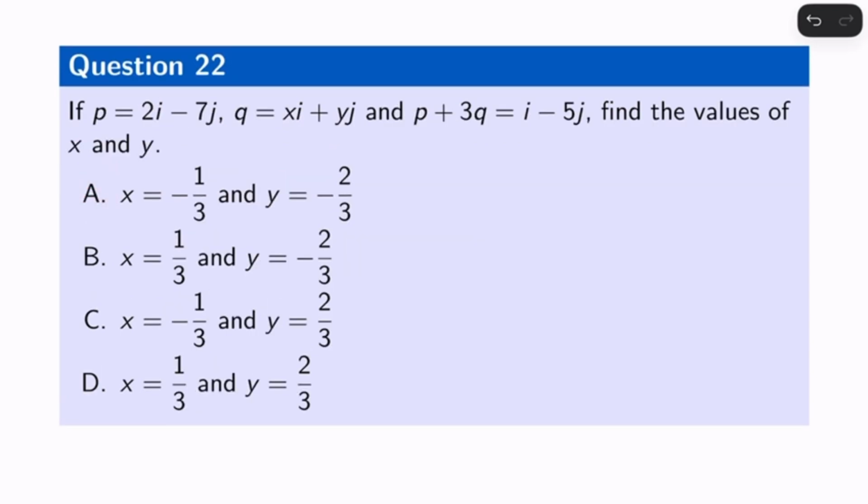Question 22. If P is equal to 2i minus 7j, Q is equal to xi plus yj, and P plus 3Q is equal to i minus 5j, find the values of x and y. Solution. Here we have P to be equal to 2i minus 7j and Q to be equal to xi plus yj, right?